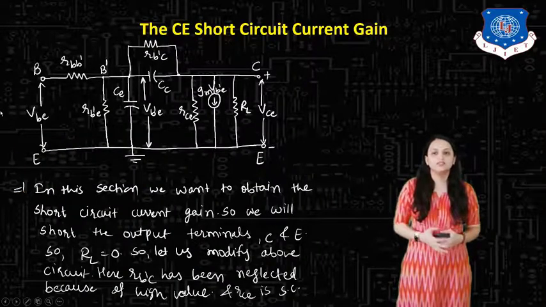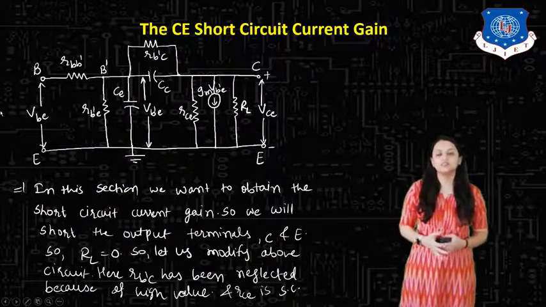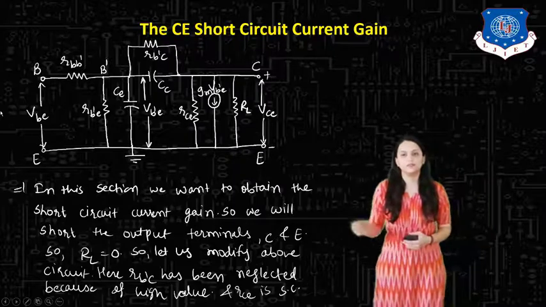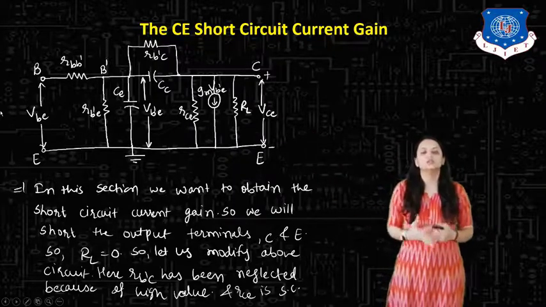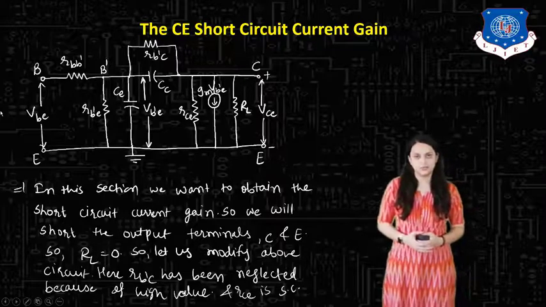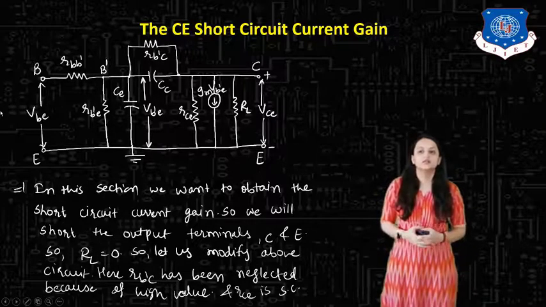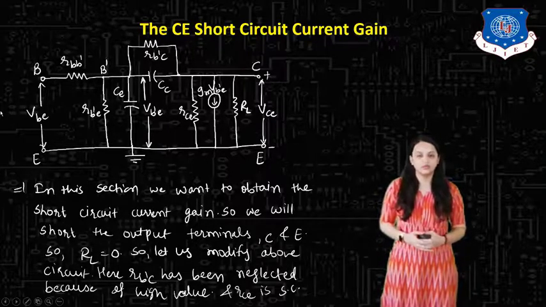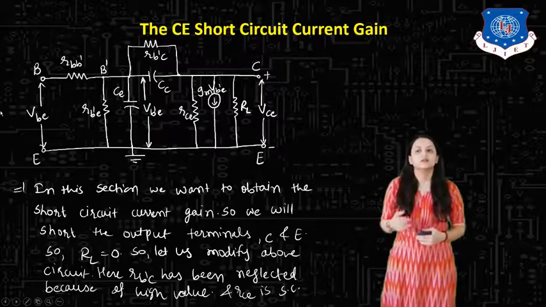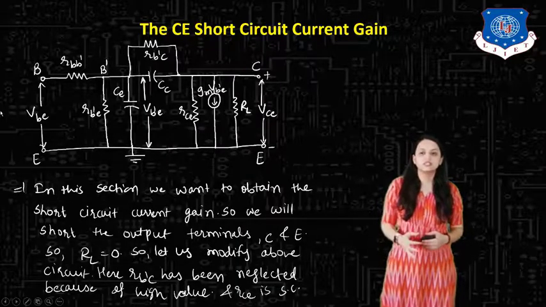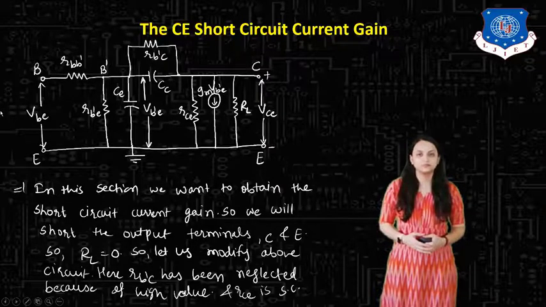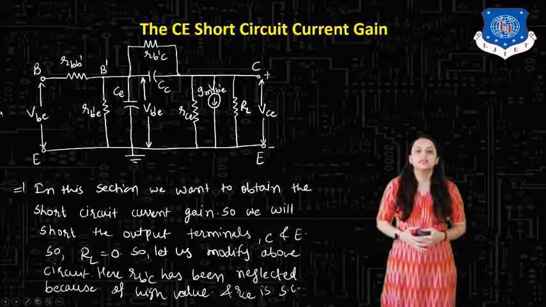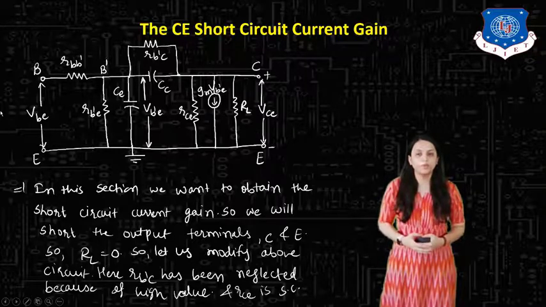So first of all, let us see the circuit diagram for this CE short circuit current gain. Here this is the circuit diagram which is the hybrid pi model that we have seen in the earlier sessions. Here this is common emitter configuration and the resistances and capacitors that we have seen in hybrid pi model are indicated over here. So in this section, we want to obtain the short circuit current gain.